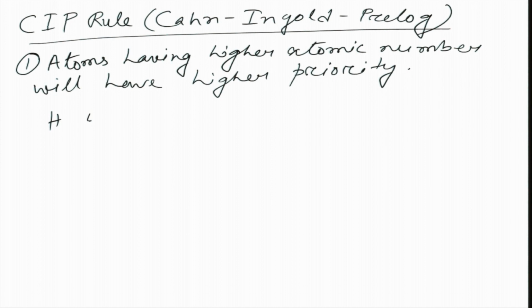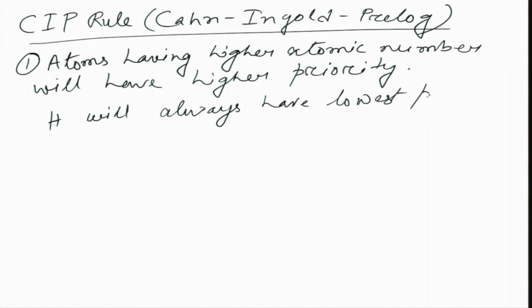By this, H will always have the lowest priority. So, carbon will have higher priority than hydrogen.